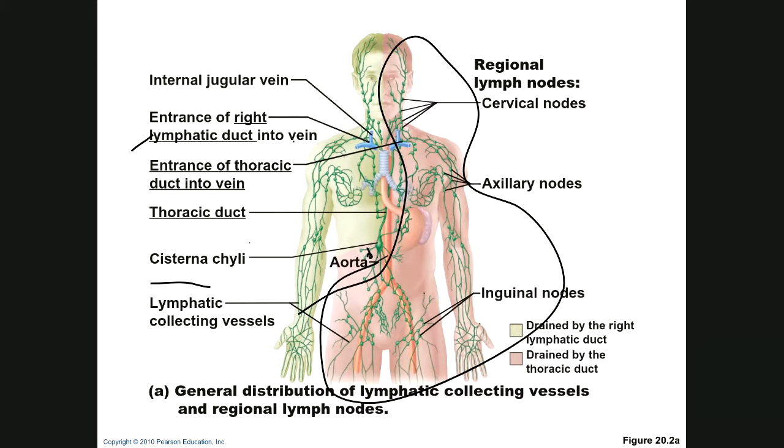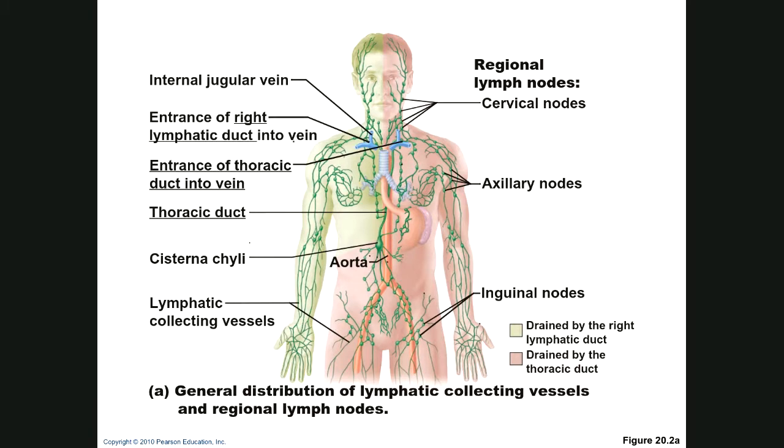Now, again, another asymmetry in the human body. And all these little blobs along here are lymph nodes. You see a lot of lymph nodes in the inguinal areas, elbow, axillary areas, along the throat. And these nodes filter the lymph.